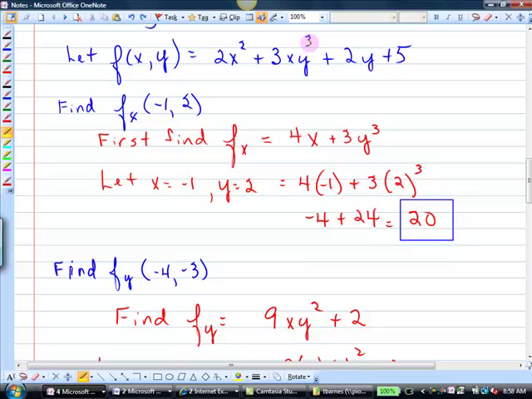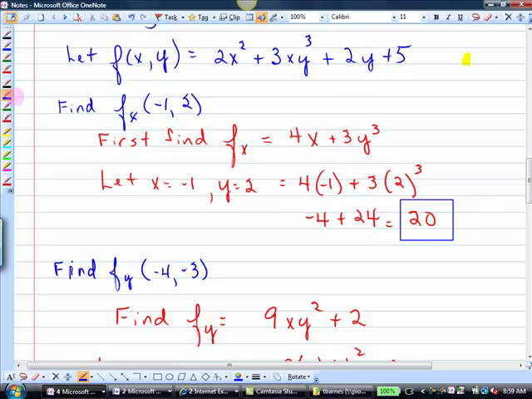So think about, you're multiplying 3 times this constant. There's no y here, so this whole thing is just a constant, and the derivative of a constant is 0.